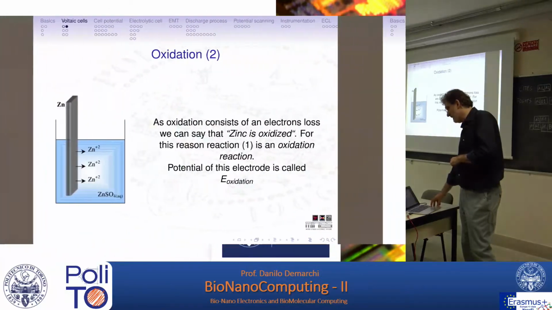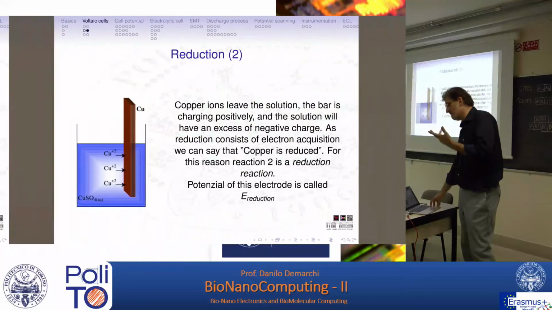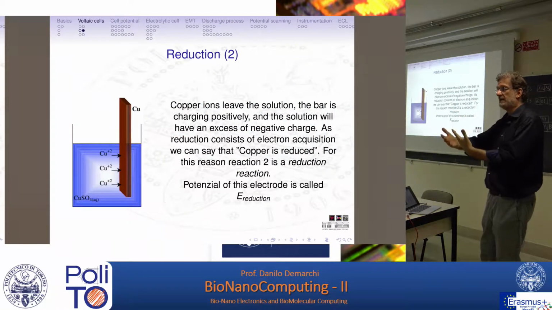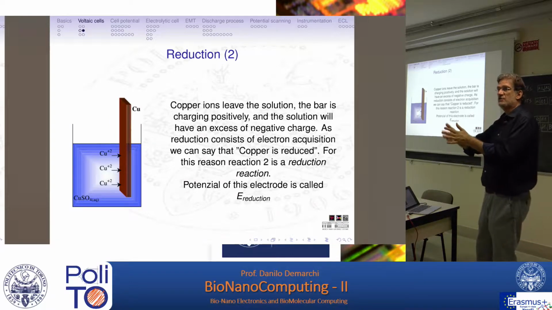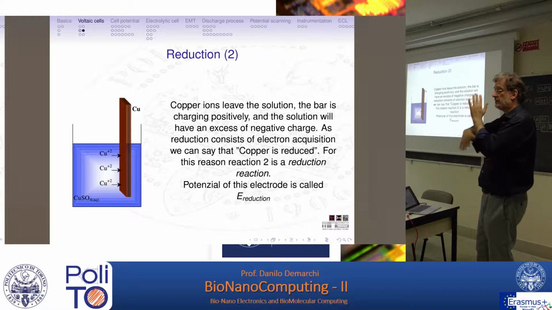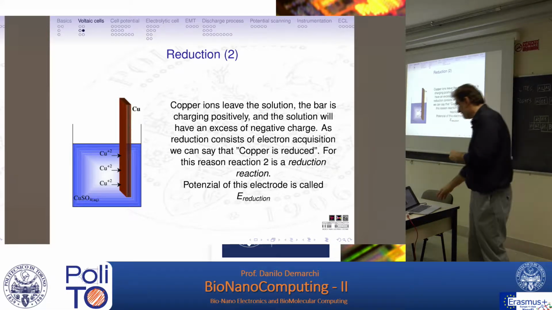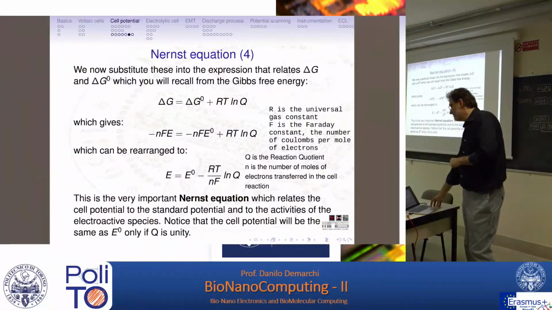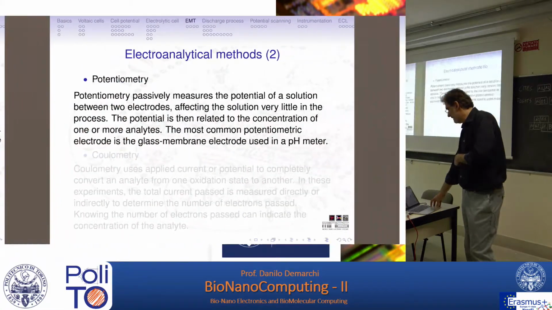We have oxidation, of course, and reduction is the basis of the exchange of electrons, because in an electrochemical cell, I read the creation of current on my working electrode. So depending on whether I have a reduction or an oxidation, I have a release or a catch of electrons, and I measure a current. Of course, the next equation gives us the concentration of what I want to detect, related to the electrochemical cell.